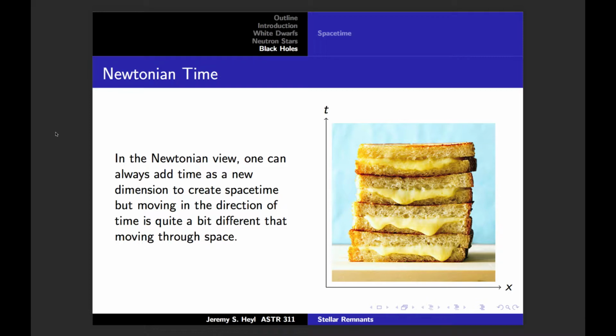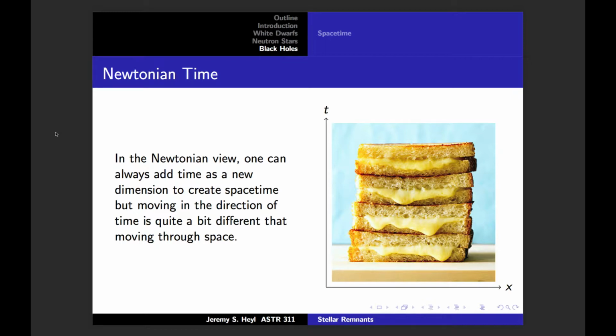In Newtonian physics, what you imagine space-time to be is a whole bunch of layers. There's everything that's going on at this time throughout space, like the bottom piece of bread. Then there's a later time with everything going on in the cheese layer, and so on. You didn't really think of space and time as one concept; you thought of them combined as layers.